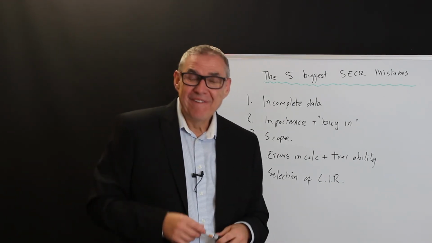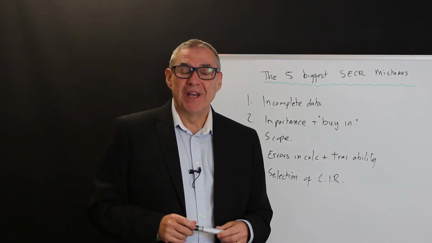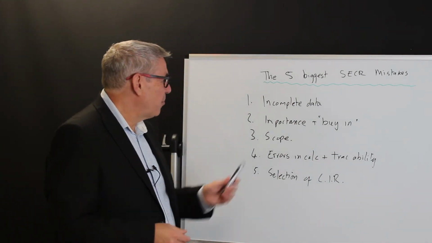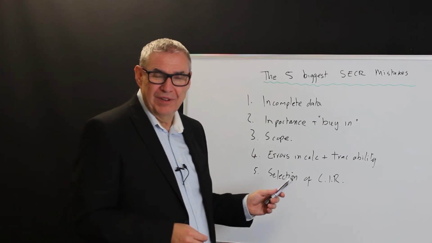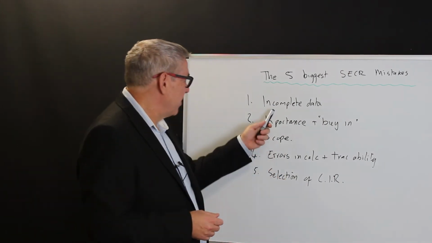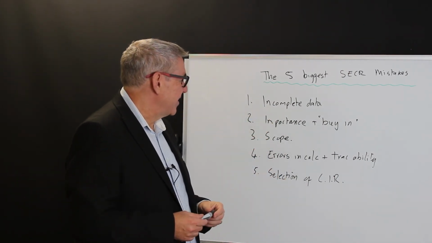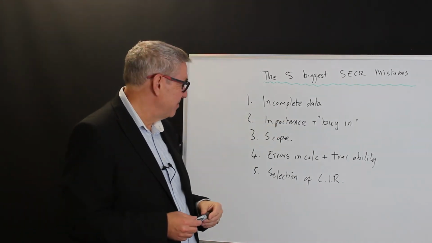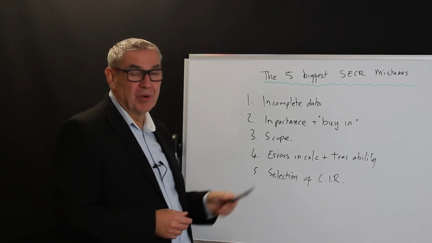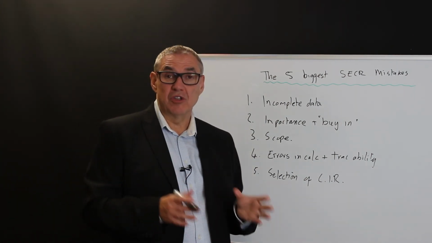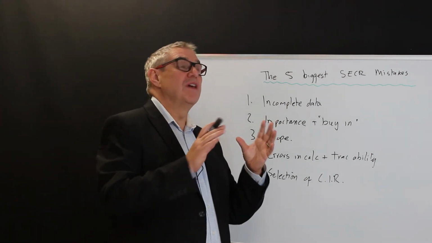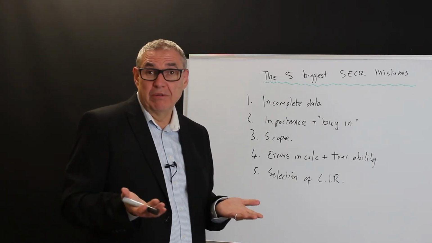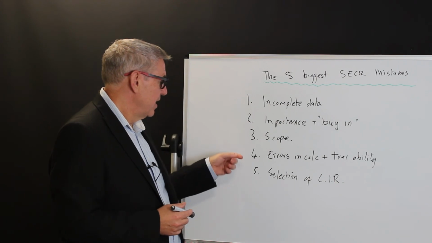So there you go. Five biggest mistakes people make. We see them day in, day out, time and time again. They're probably in order of severity. The biggest one by a long shot, incomplete data. That's probably caused by not having the right structures in place, getting the scope wrong in the first place, not including things that should be included, or vice versa, putting things that shouldn't be there, which leads probably to double counting on somebody's set of figures.